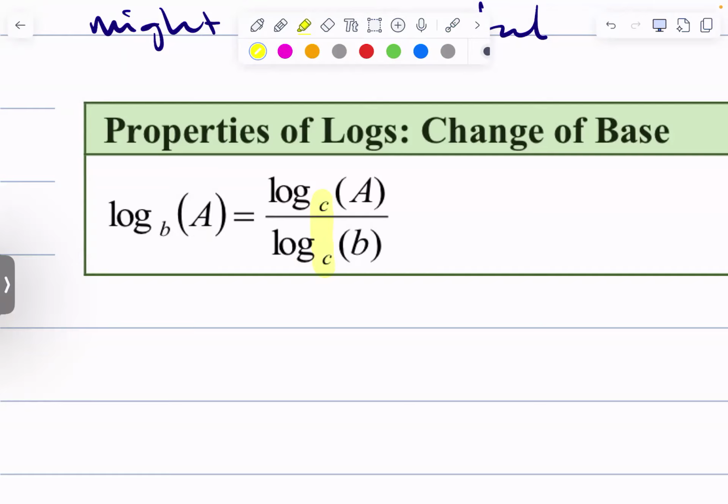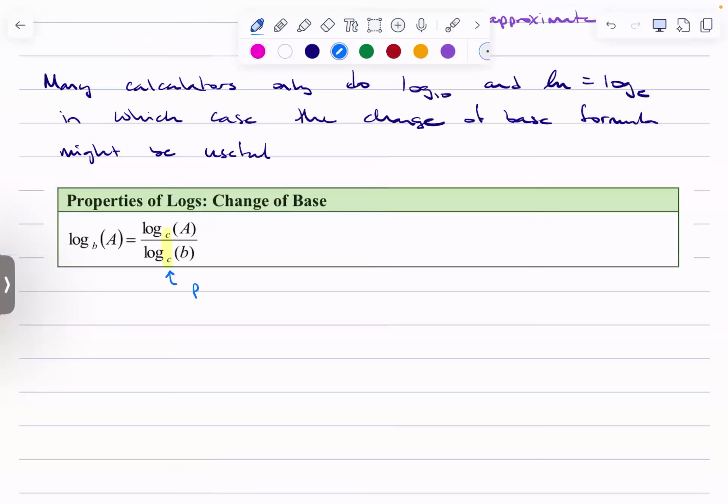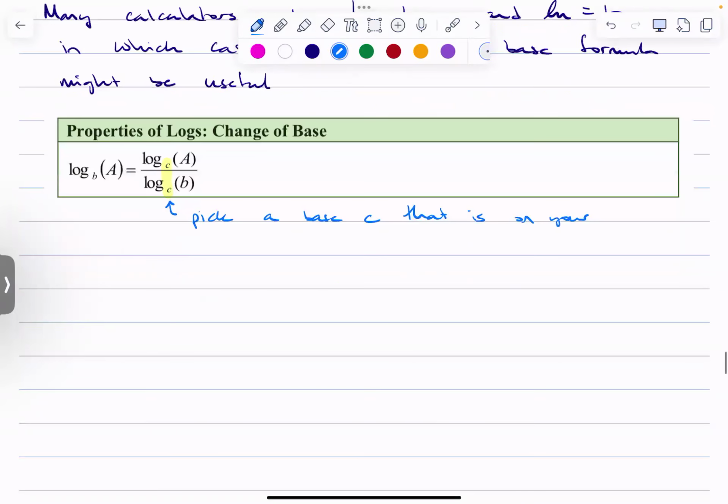So here, pick a base c that is on your calculator, such as 10 or e.